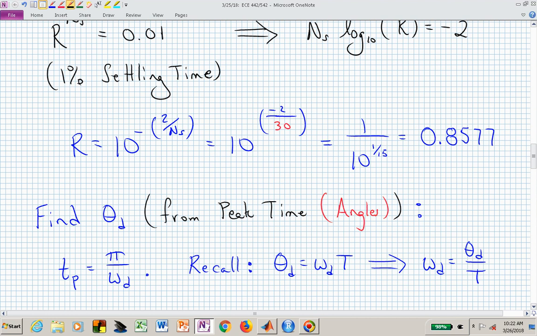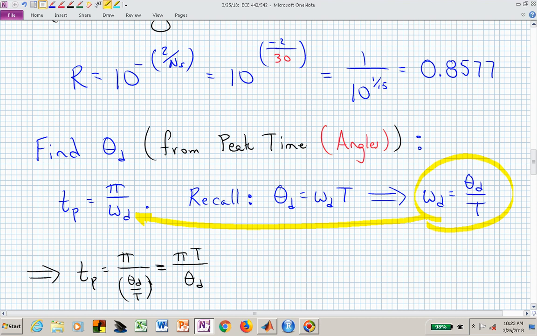Recall in the z-plane that the angle theta sub d is equal to this damped frequency omega sub d times the sample period capital T, and we can use that to solve for omega sub d in terms of theta sub d. Again, we're trying to find a formula for theta sub d, the angle in the z-plane. We can substitute this relationship into the denominator of our peak time formula to find a peak time expression in terms of theta sub d.